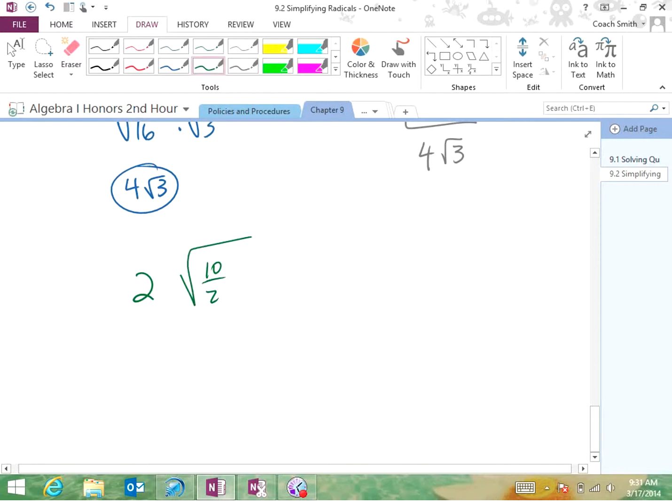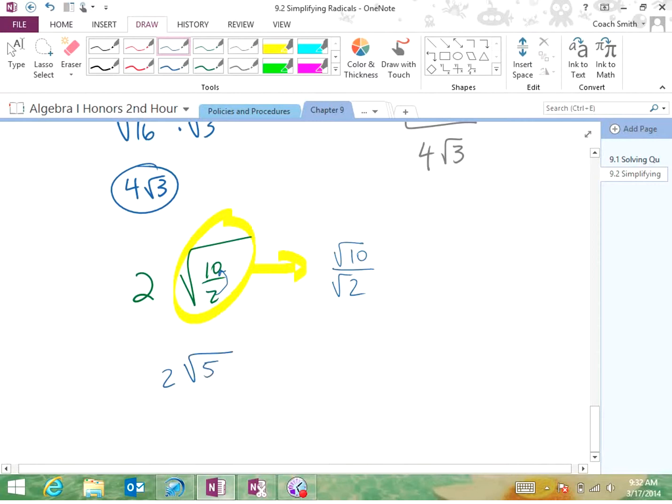All right. 2 times the square root of 10 over 2. Let's look at what we have to do with the 10 over 2 first. That is the same thing as, it's that, or it's what you just said, square root of 5.